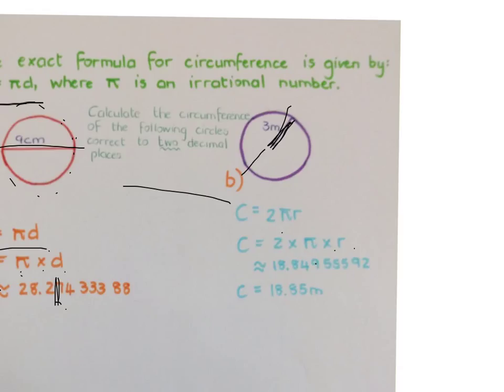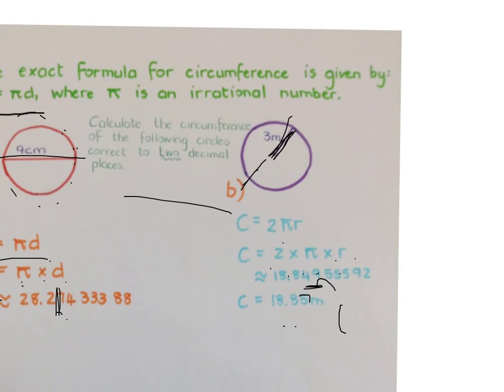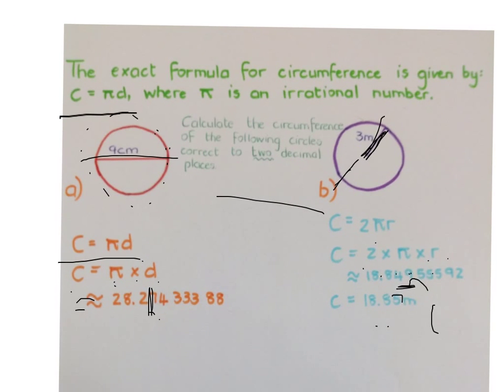You take your 3, you go 2 times pi times 3. It's always 2 because you're going there and there. Times pi times r, you get 18.84, and taking it to 2 decimal places, the 9 here makes the 4 bigger, so the 4 becomes a 5, and it's 18.85 meters. So what is important to remember here is the 2 different formulas.